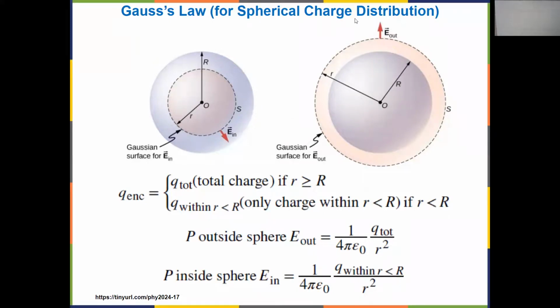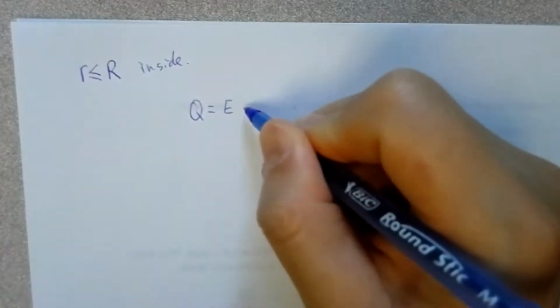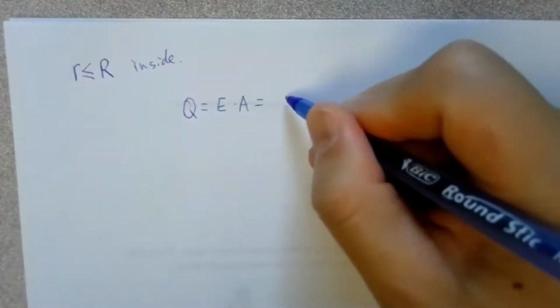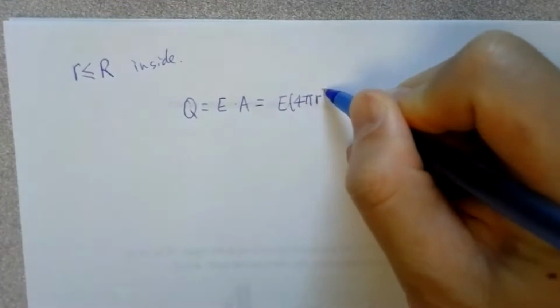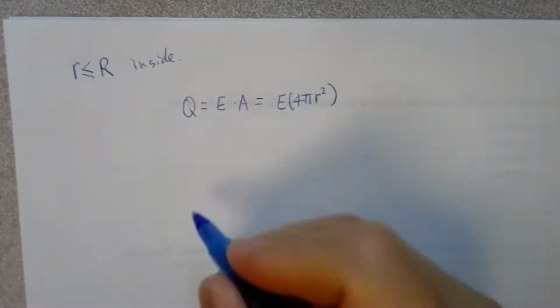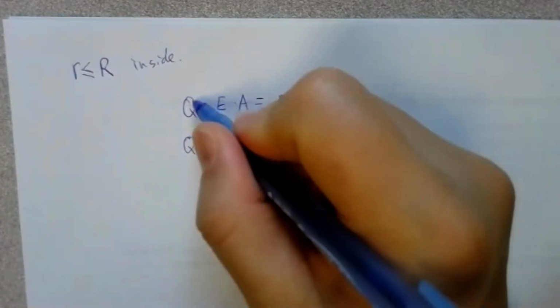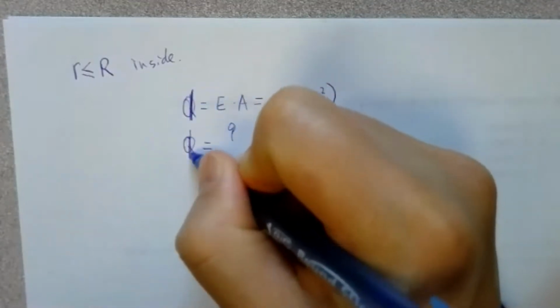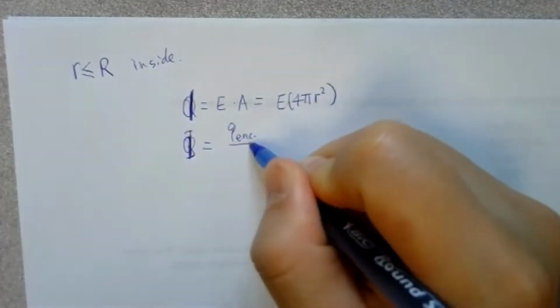So let's take a look here. If you are inside the sphere, r smaller than or equal to capital R, your flux can be calculated using E times area, where E is what you are looking for. The area is the spherical area, 4 pi r squared. From Gauss's law, flux phi equals Q enclosed divided by epsilon naught.